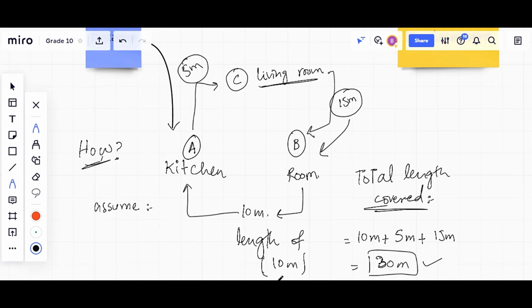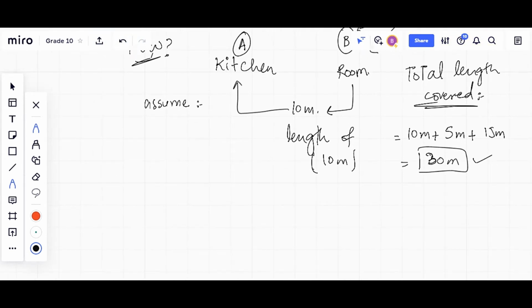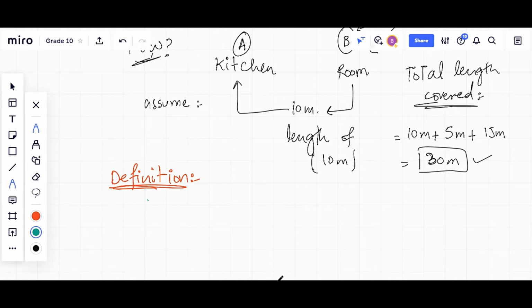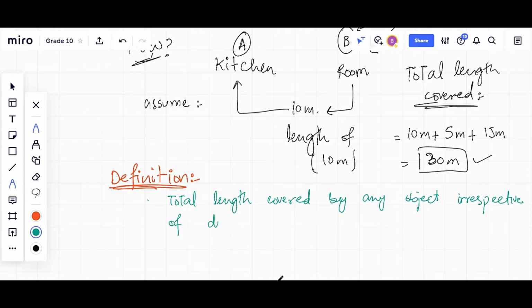So from this whole discussion, the definition for distance is the total length covered by any object, irrespective of direction. That is called your distance.